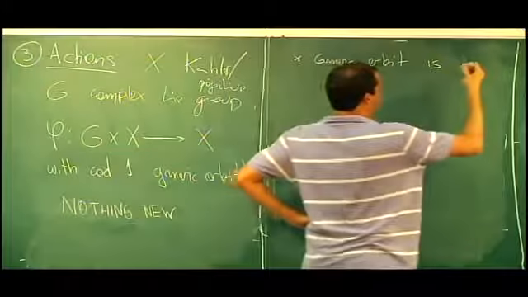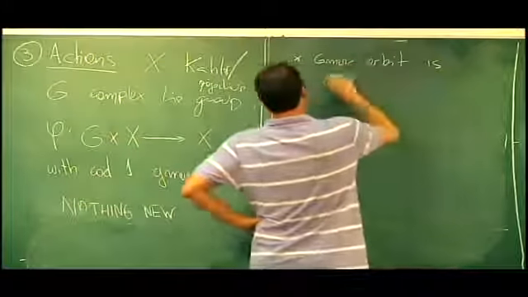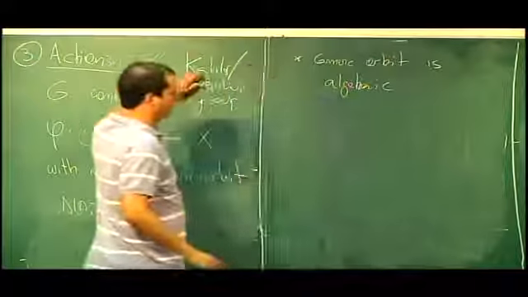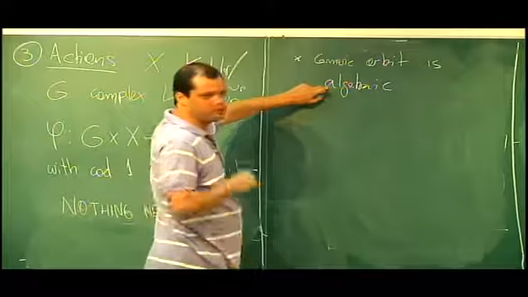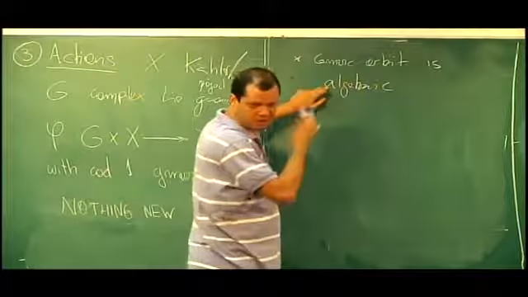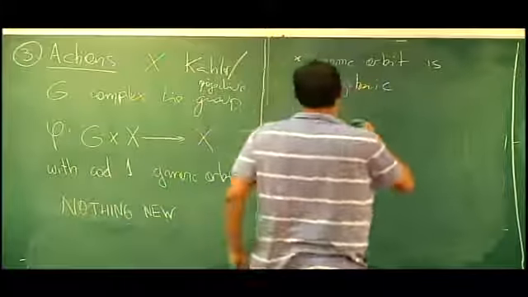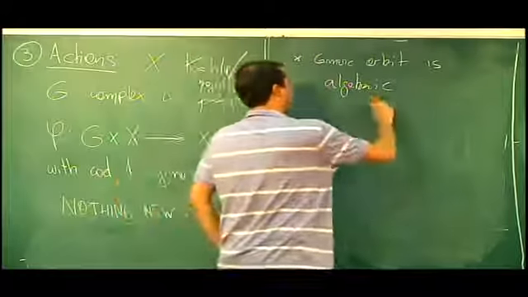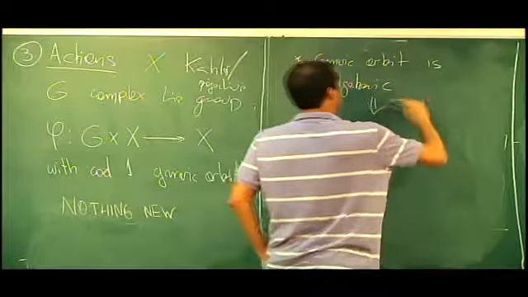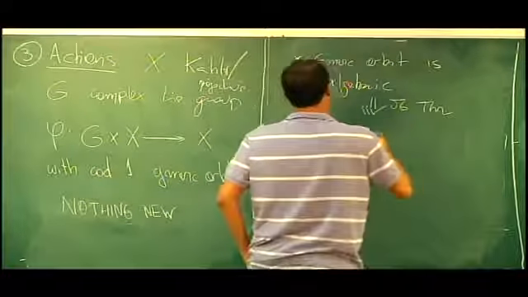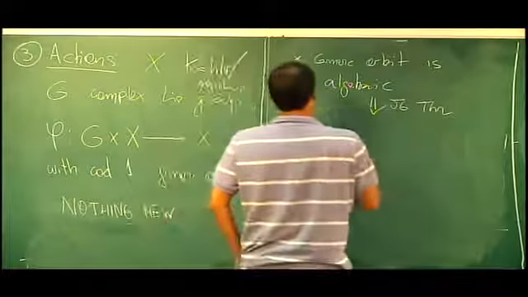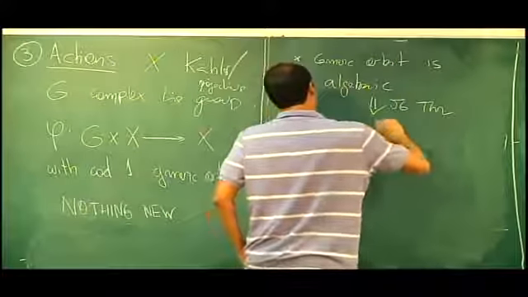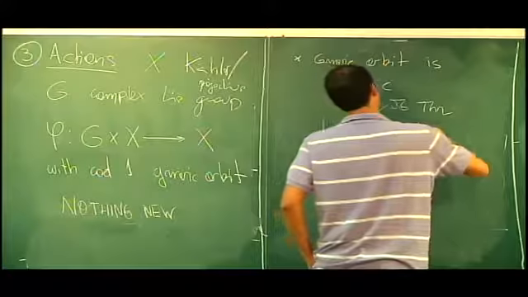Suppose that the generic orbit is algebraic. I'm abusing the language here. In the Kähler case, this means that it's an open set of a compact complex hypersurface. Let's call this algebraic, even if we're in the non-algebraic world. Here we can use the Jouanolou theorem to prove that these are defined by algebraic leaves.